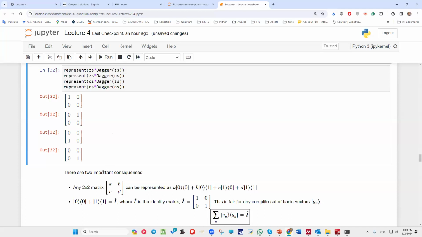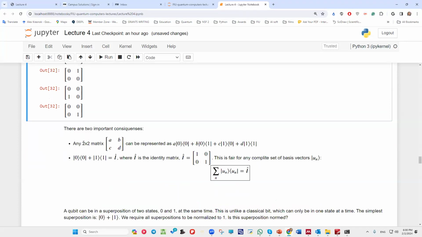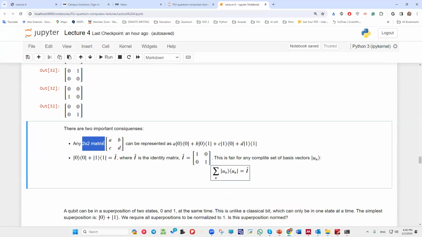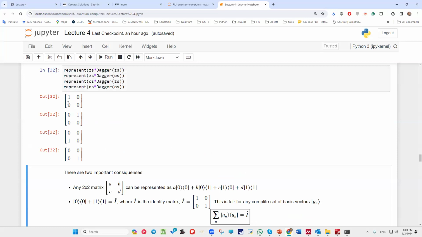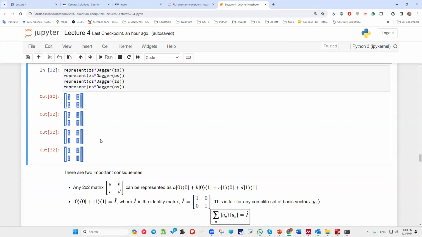Why is it important? It's important because if I have any 2 by 2 matrix, like matrix ABCD, I can represent this matrix using these 4 matrices here.